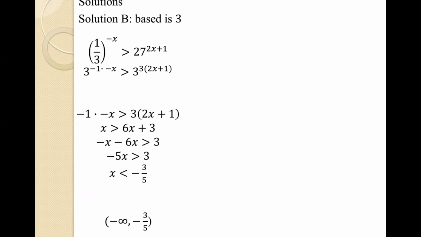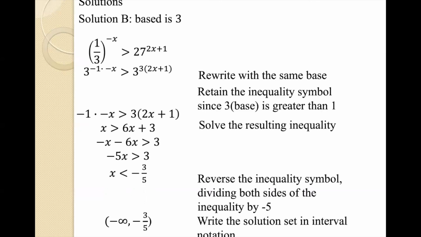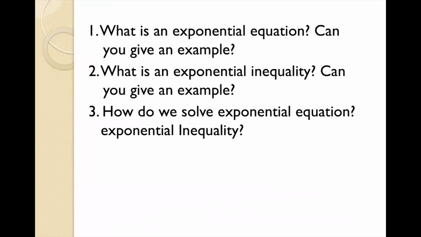Simplifying the inequality, you will have negative 5x greater than 3. So to solve, we divide it by negative 5 or multiply it by negative 1 over 5. So since we will multiply it by a negative number, you have to reverse the inequality symbol. So we have the same solution, either we use a base of 3 or a base of 1/3.